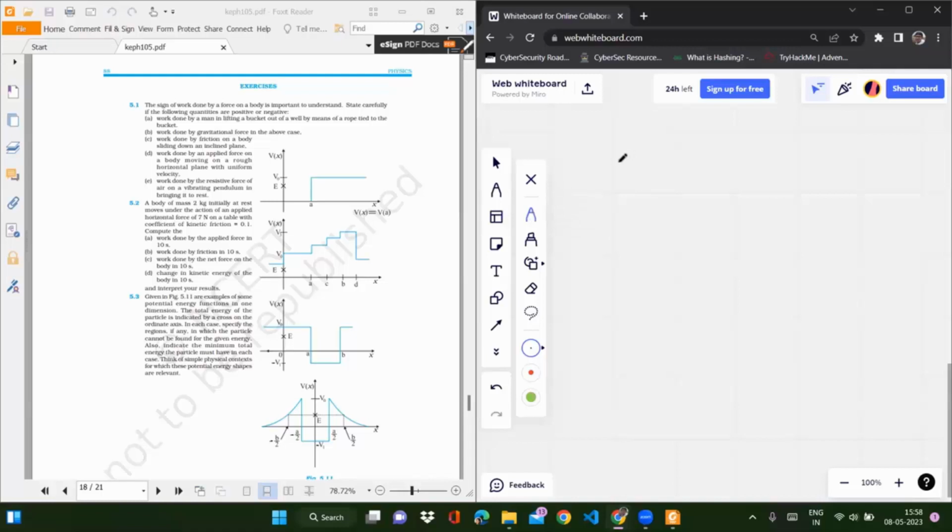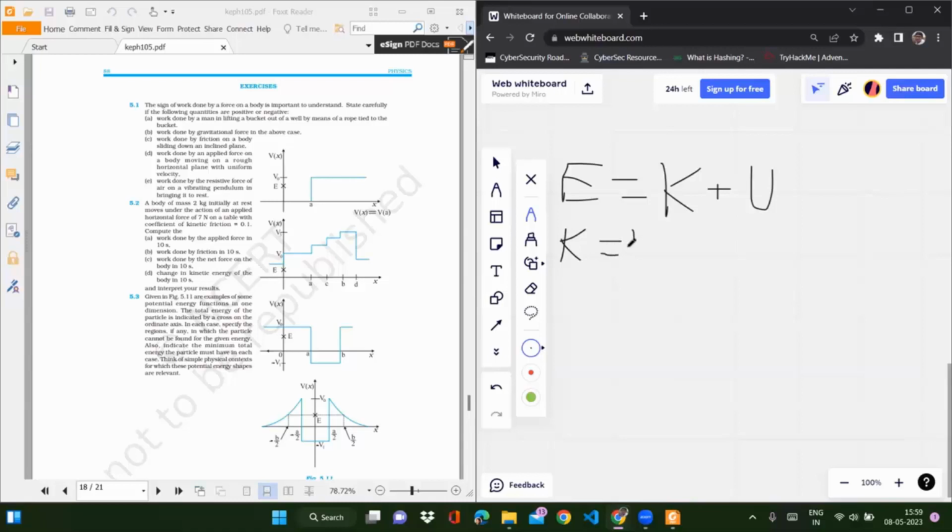The main thing in this question, which needs to be kept in mind, is the concept that the total energy is given by kinetic energy plus potential energy. E equals K plus U. And we know that kinetic energy is always positive. This is the most important thing for this question.